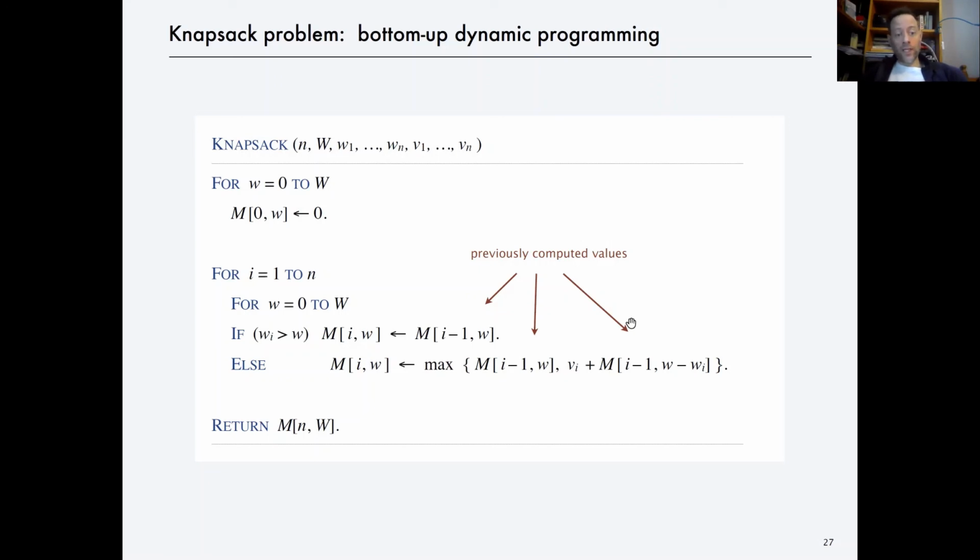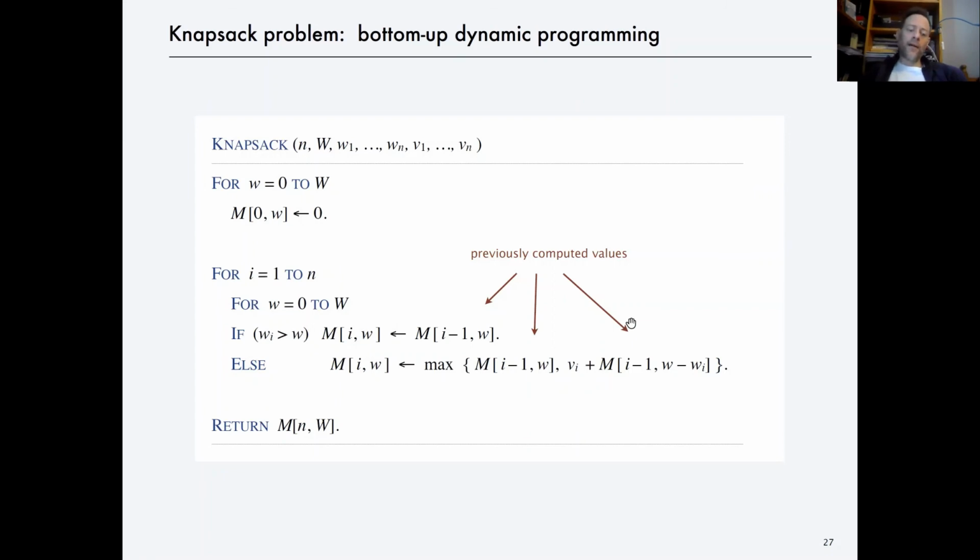Of course we need to initialize. For any weight, if we don't have any items, of course the value of that is 0. And then we go up in index from index 1 to index n, and we also go up from weight 0 until weight W. So we have a 2-dimensional loop here.